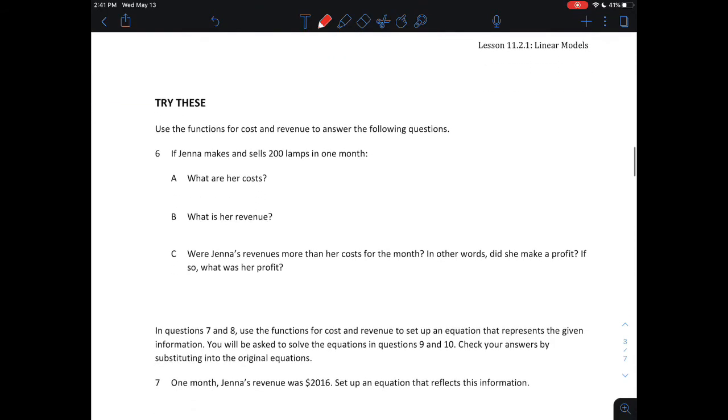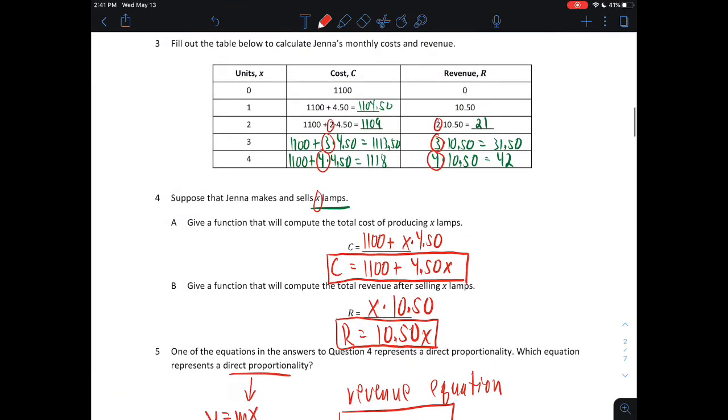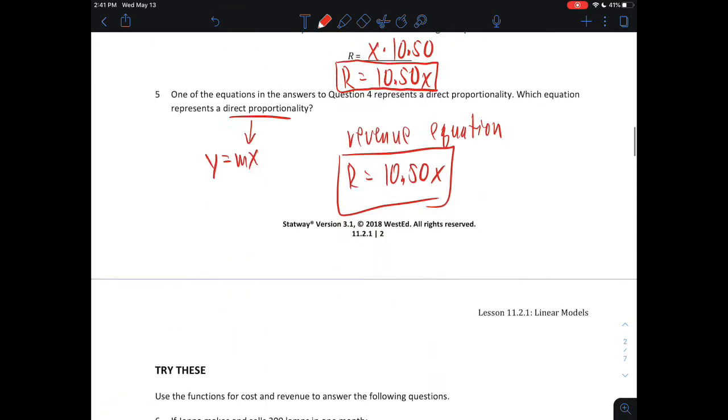Okay, so now use these functions for cost and revenue to answer the following questions. Number 6, if Jenna makes and sells 200 lamps in 1 month, what are her costs? Well, we have that cost was equal to 1100 plus 4.50x. So 200 lamps, remember that the number of lamps is a value of x.